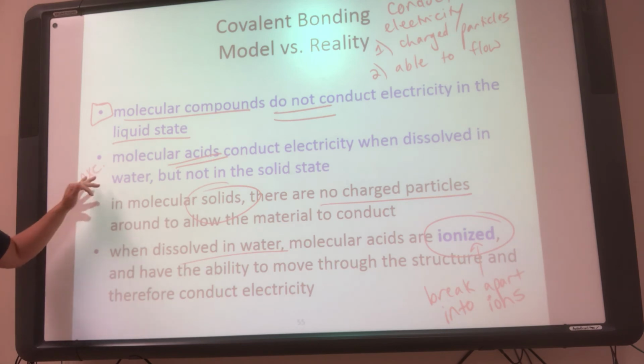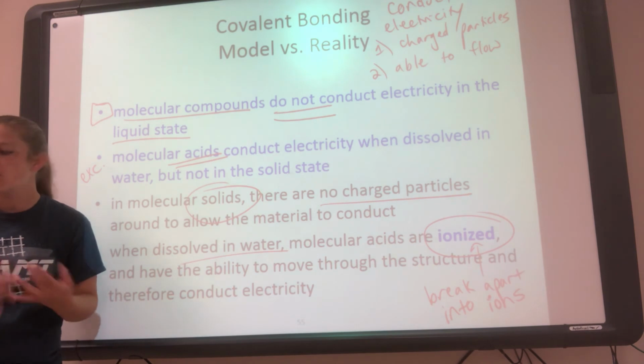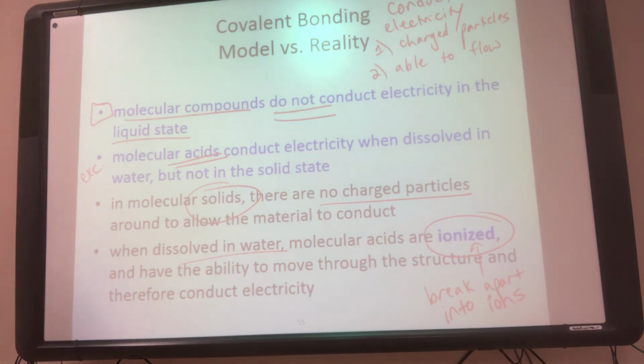Now you might say, well, how do I know if it's a molecular acid? We're going to get there, okay? We're not going to cover acids in this chapter, but we will cover them this semester. So for now, just keep in the back burner that it's not that all molecular compounds do not conduct. There is the exception of acids.